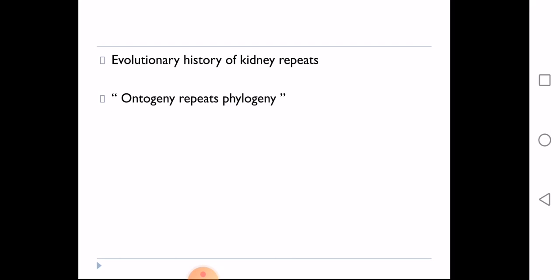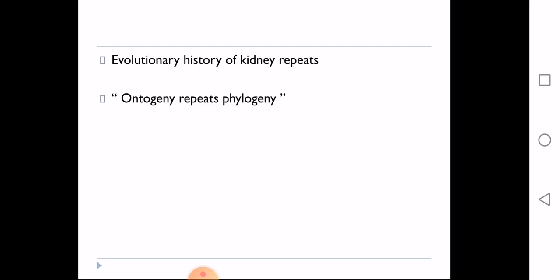So, recapitulation means that the development of an embryo follows the evolutionary history of an organism. So, our evolutionary history from lower organism to a higher organism is mimicked in the development of the kidney.